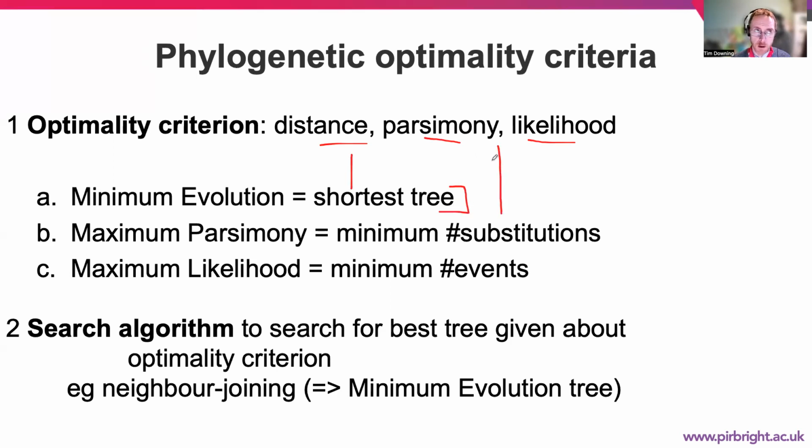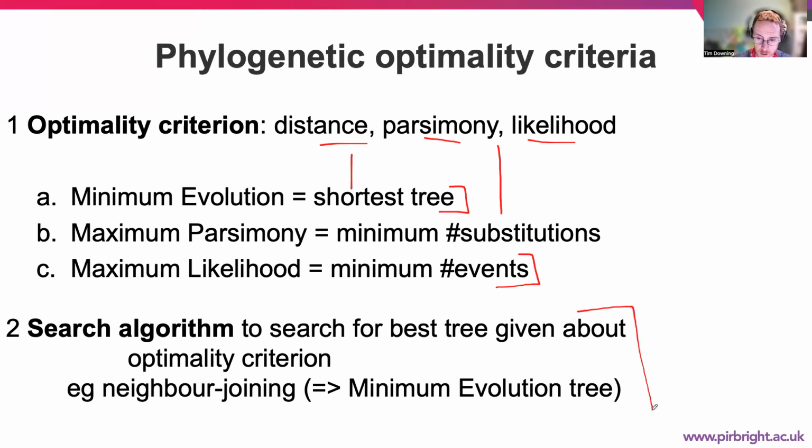Maximum parsimony tries to minimize the number of substitutions on external branches and pushes them onto internal branches. Of course, when you have, for example, viruses that have multiple independent substitutions at a particular site, that may be incorrect. And then there's maximum likelihood, which tries to minimize the number of different events that occur in a kind of iterative Bayesian approach, modeling the likelihood of the tree given the data.